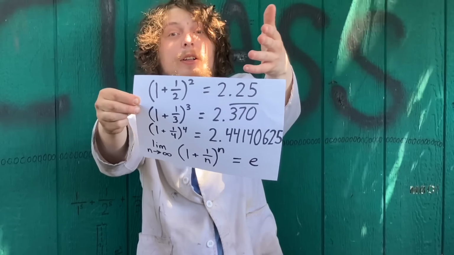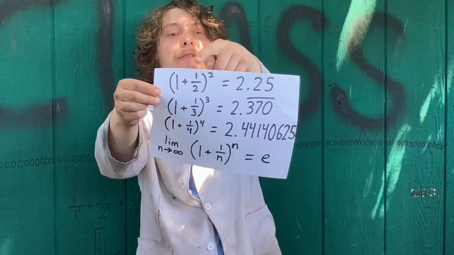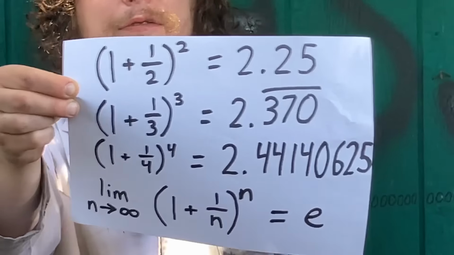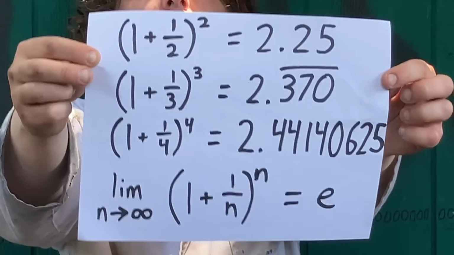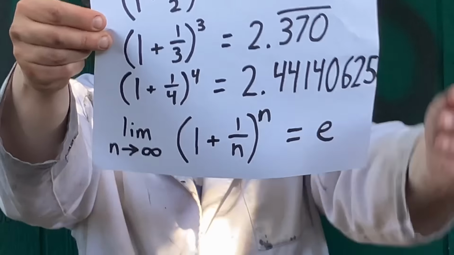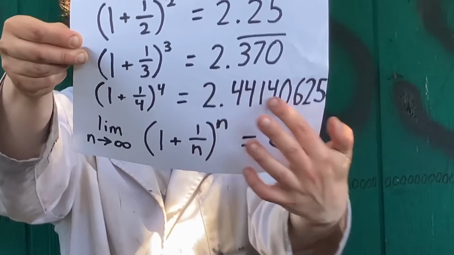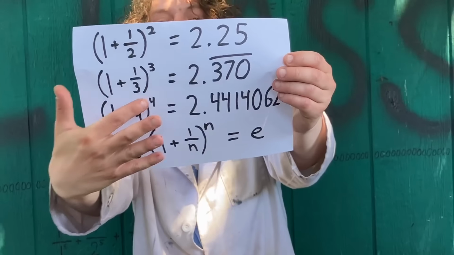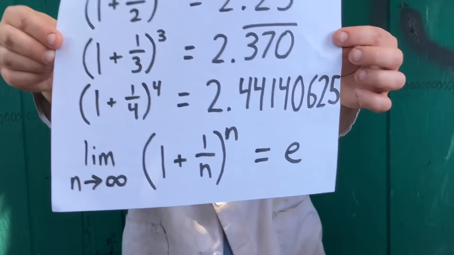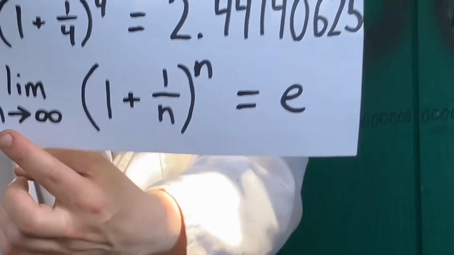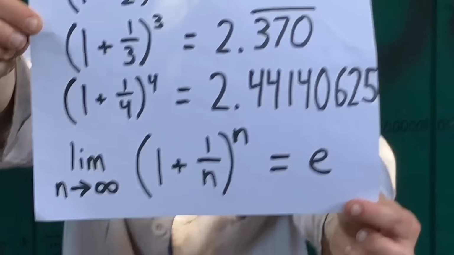For example, if I look at 1 plus 1/2 to the power of 2, I get 2 1/4. If I look at 1 plus 1/3 to the power of 3, it's a little bigger. 1 plus 1/4 to the power of 4 is a little bigger still. But if I crank up this number in the denominator and exponent there, we don't continue rising forever. We end up reaching a limit of the number e.